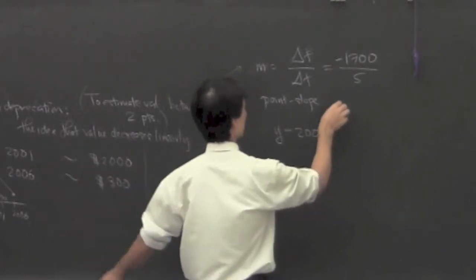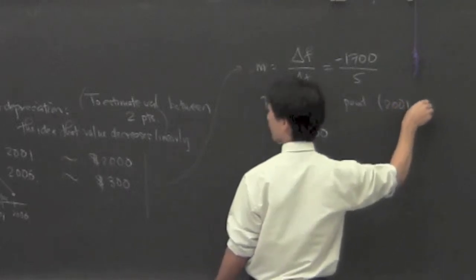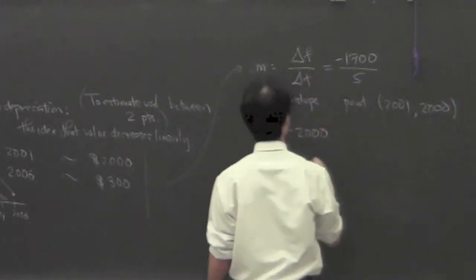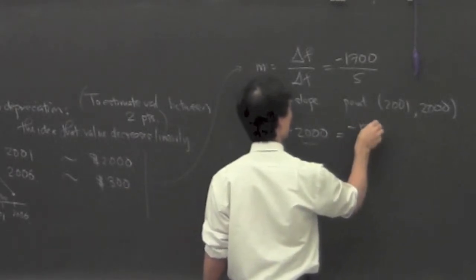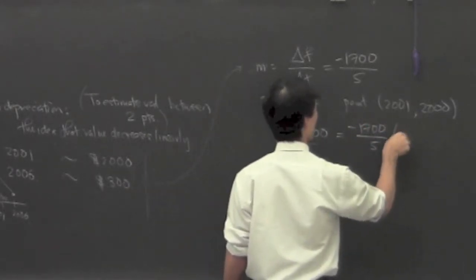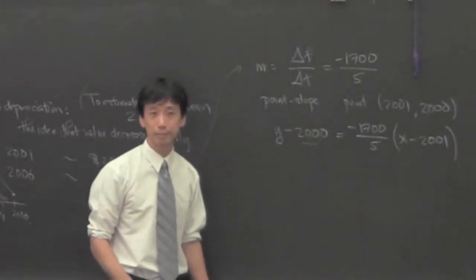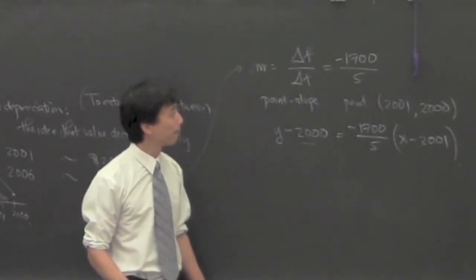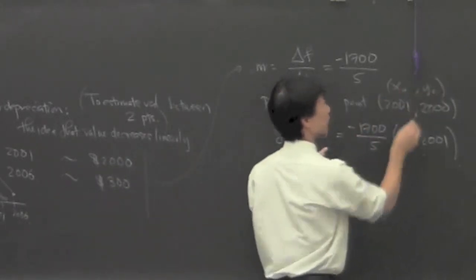So we use the point, say, 2001 and 2000. y minus y naught equals slope times x minus x naught. This is the x naught, and this is the y naught.